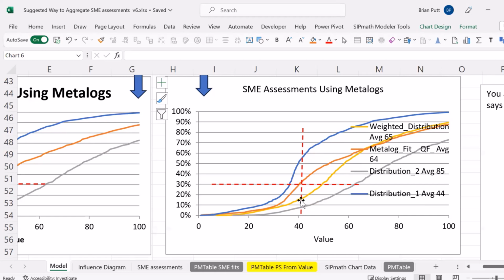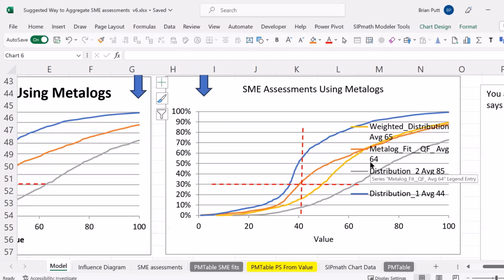Or would you compromise here at 15? It seems like your bias is towards the gray SME, or that the gray SME is distribution 2. So that shows a difference in these two assessments.